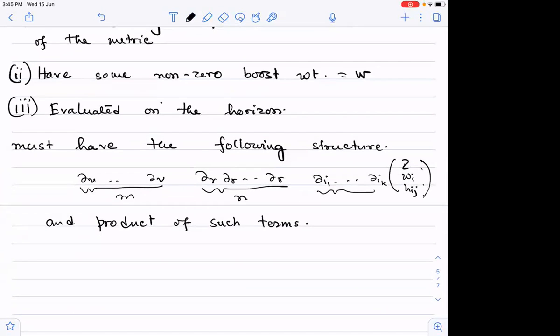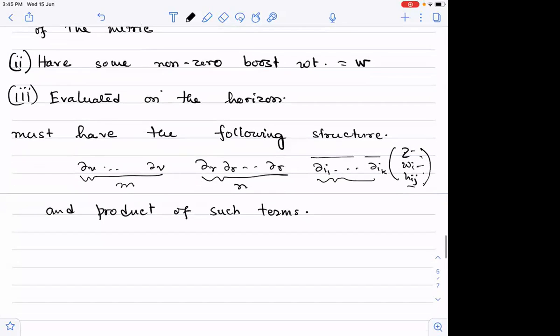So this is the only possible structure, but it has boost weight W. And you see under the boost transformation, under this scaling, Z does not transform, omega I does not transform, Hij does not transform, del I does not transform. Only del V and del R transform. So if it has boost weight W, that means under boost transformation the whole tensor component should have an overall factor of lambda to the W, that must be given by these del V's and del R's.